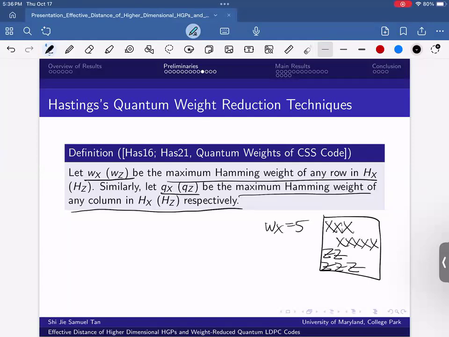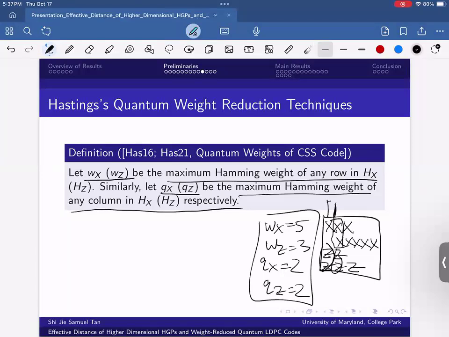Because X is 5, and then Wz is clearly 3. Qx is 2 because this qubit itself is acted upon by 2 generators. Qz is also equal to 2 because this qubit and this qubit that correspond to these columns are acted upon by 2 generators. So this is the notation that we are going to be using.